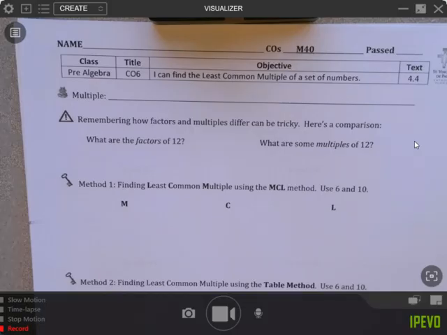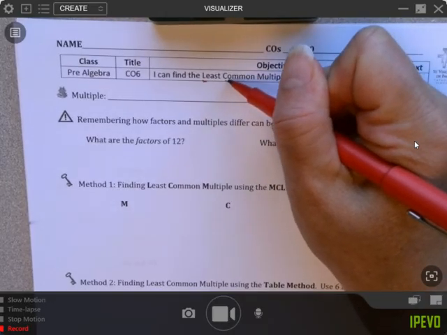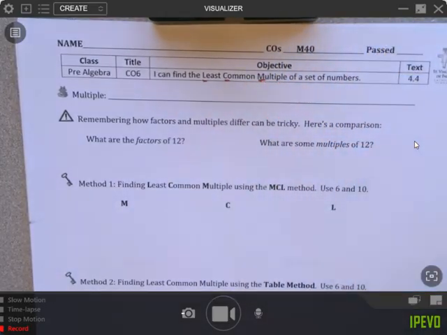So let's look at today, the least common multiple. So the greatest common factor was GCF. The least common multiple is the LCM. So to talk about the least common multiple, we need to talk about what a multiple is and how that is different than a factor.